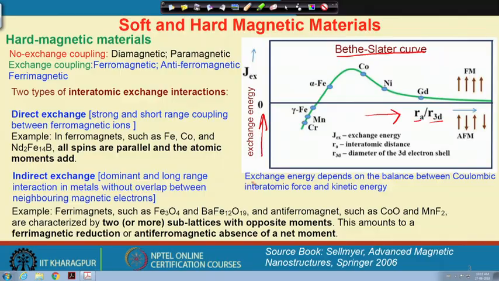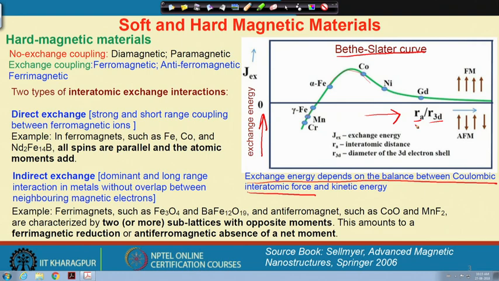So, exchange energy depends on the balance between the Coulombic interatomic force and the kinetic energy. If you look at different elements and their phases, they basically lie on this curve. The interatomic distance for gamma iron is different from BCC iron.